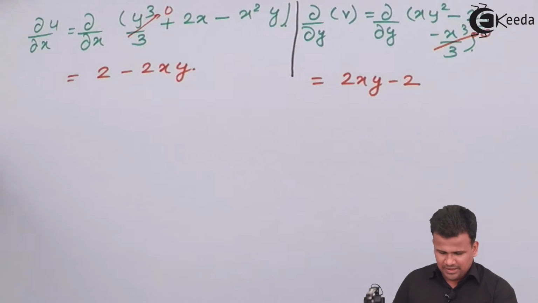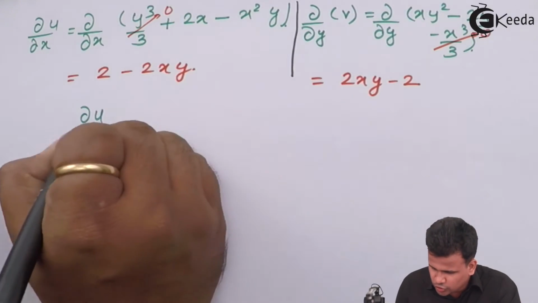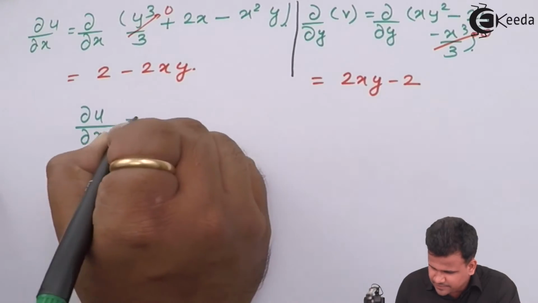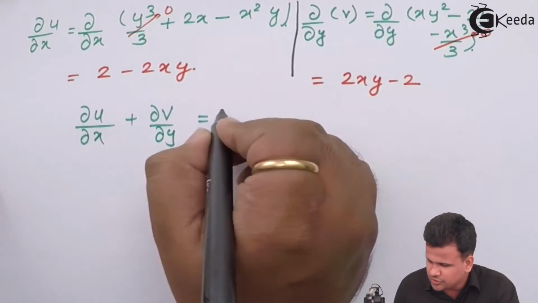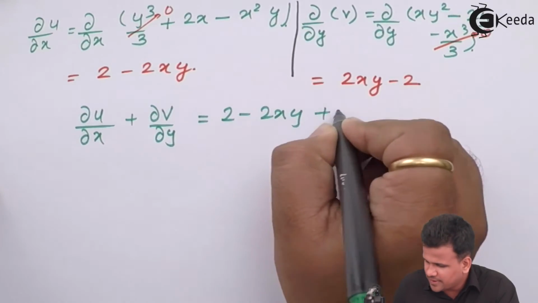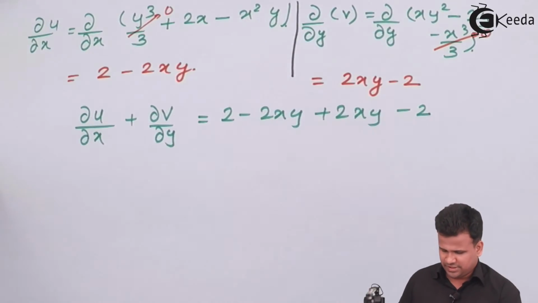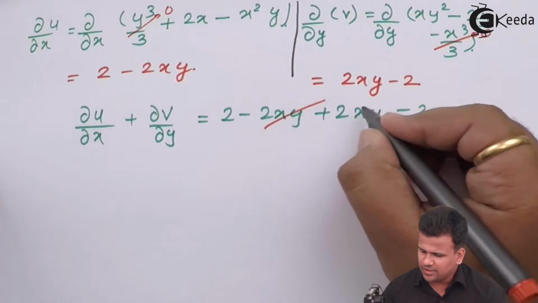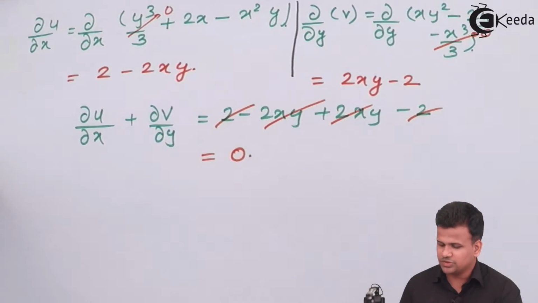Now let us see the addition of these two: dou u by dou x plus dou v by dou y equals 2 minus 2xy plus 2xy minus 2. You can see all terms go away and the entire equation equals 0.